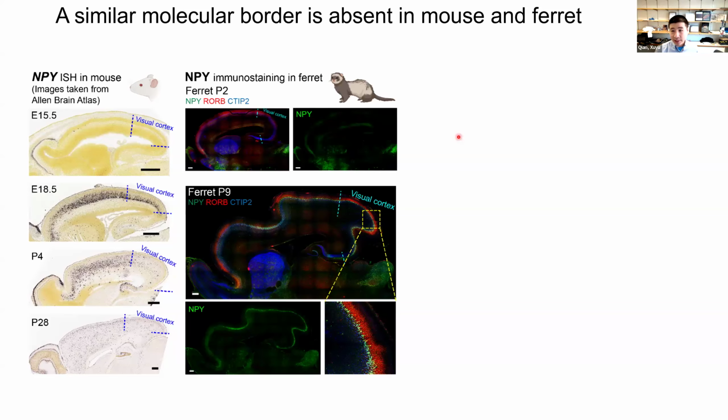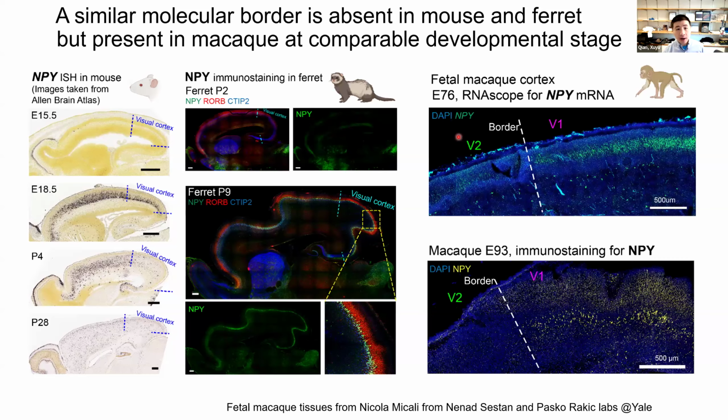But when we expand our analysis to fetal macaque brain, we find that NPY actually marks the same V1, V2 border at almost the equivalent mid-gestation developmental stage, suggesting that our finding is likely primate-specific, though of course we want to confirm it by analyzing more animal species.